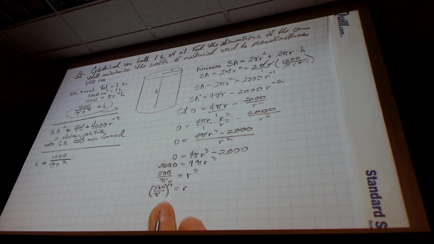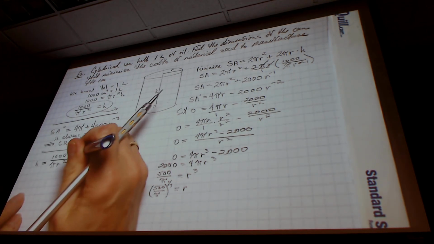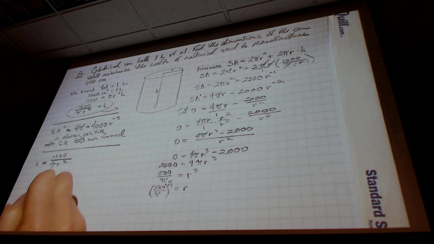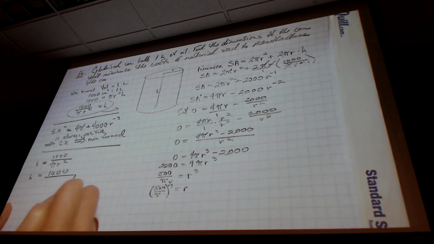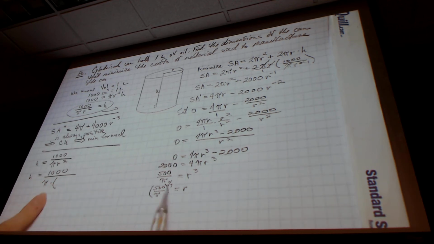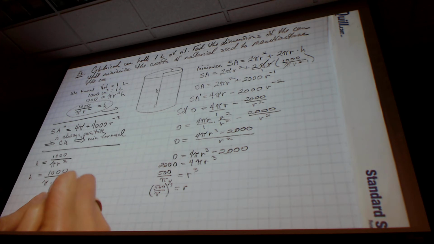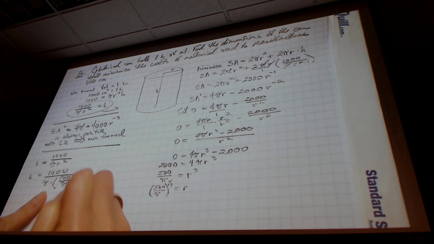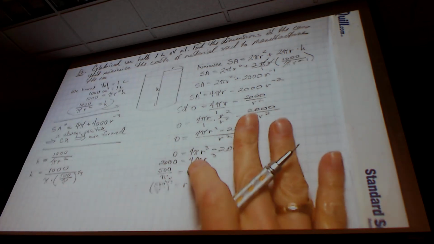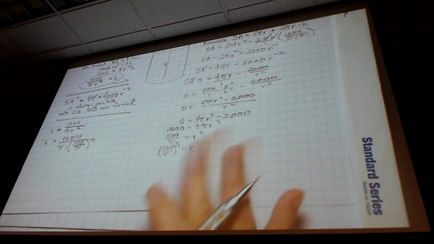That's equal to 1,000 over pi times, all right, now r here is 500 over pi all to the 1/3 power. So we're going to have to deal with that.